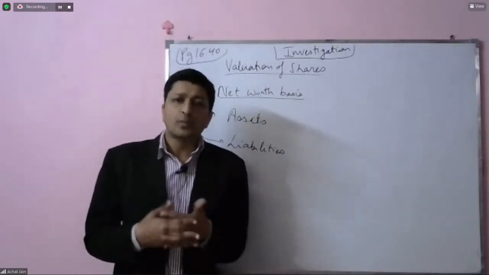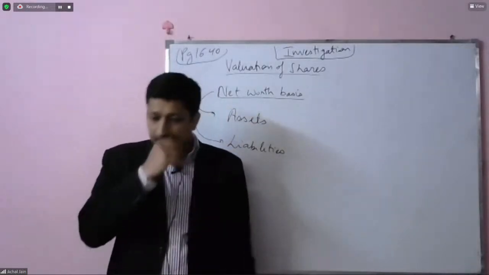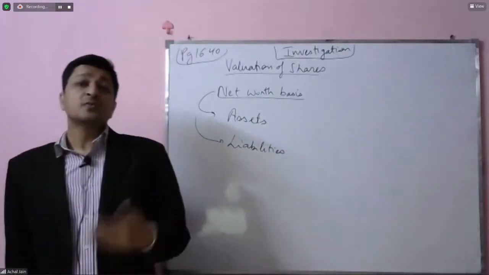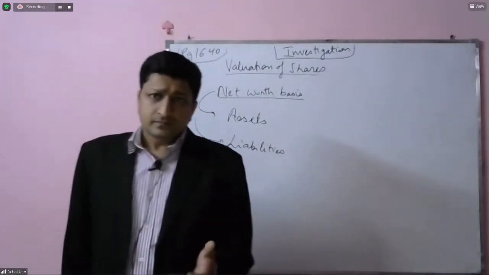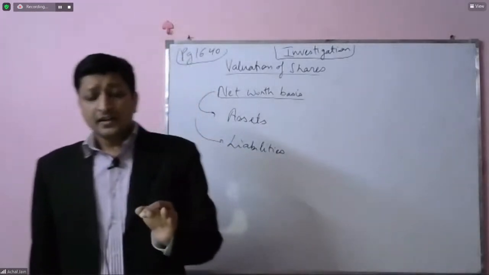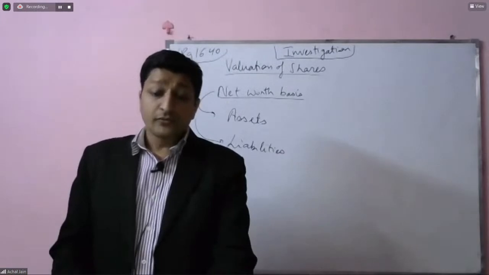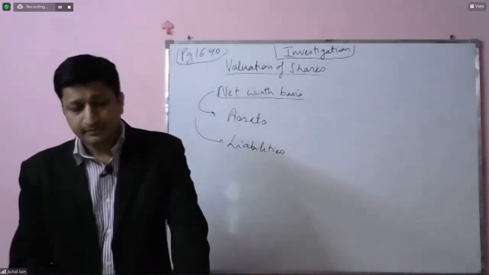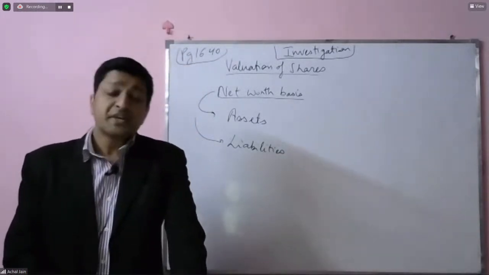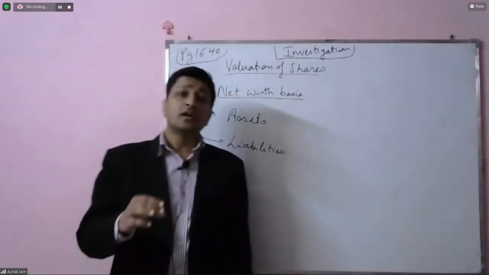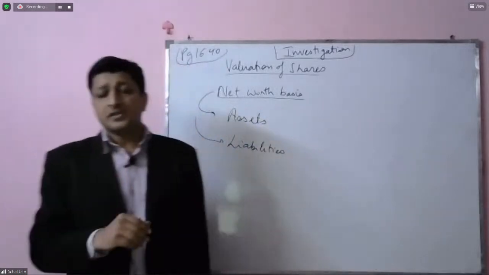We understand that for computation of goodwill there are various methods, and one of them happens to be the super profits method, which conceptually captures the future profits of the organization, and basically captures the requirements related to the projections of the business.